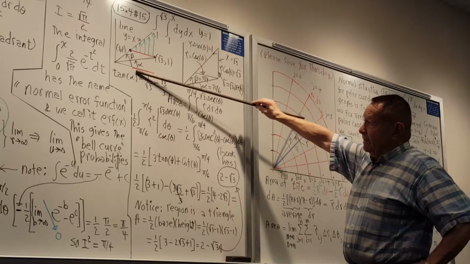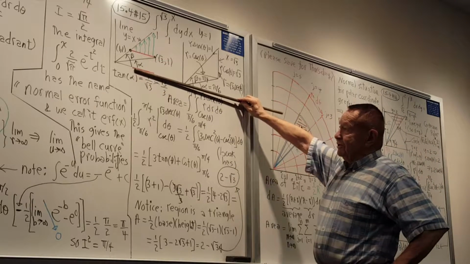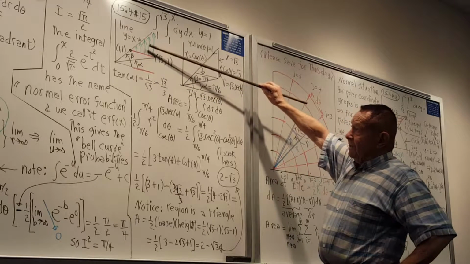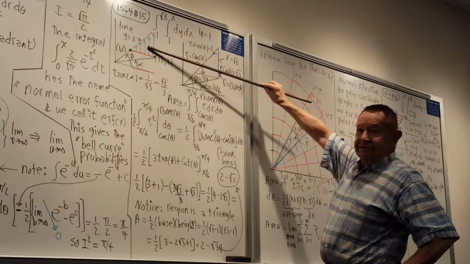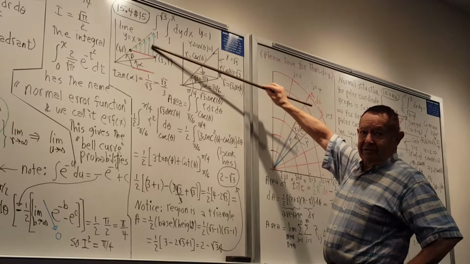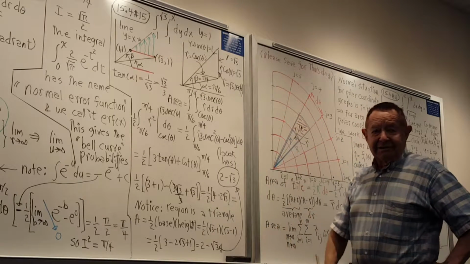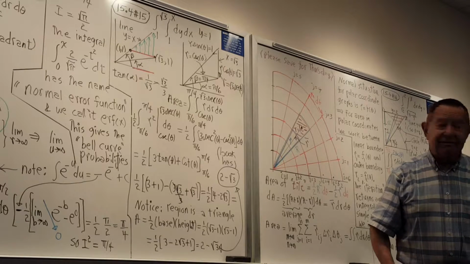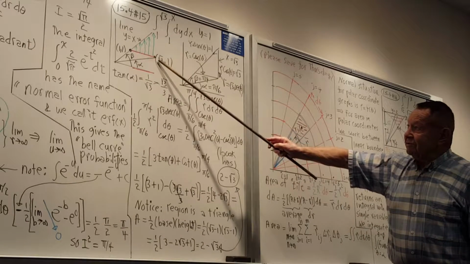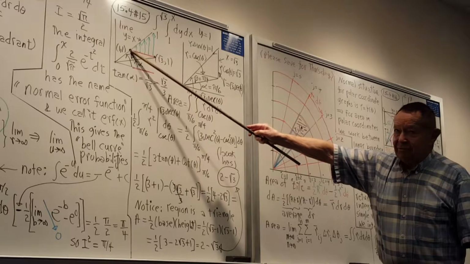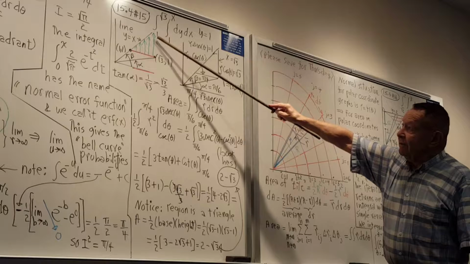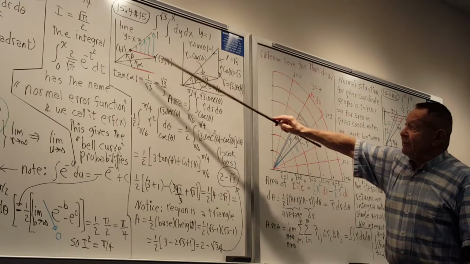So this would be the projection down here in red. So that tells us that our region is this triangle up here where the green is. And so you could figure out a half base times height, where the base is root 3 minus 1, and the height is 1 up here.